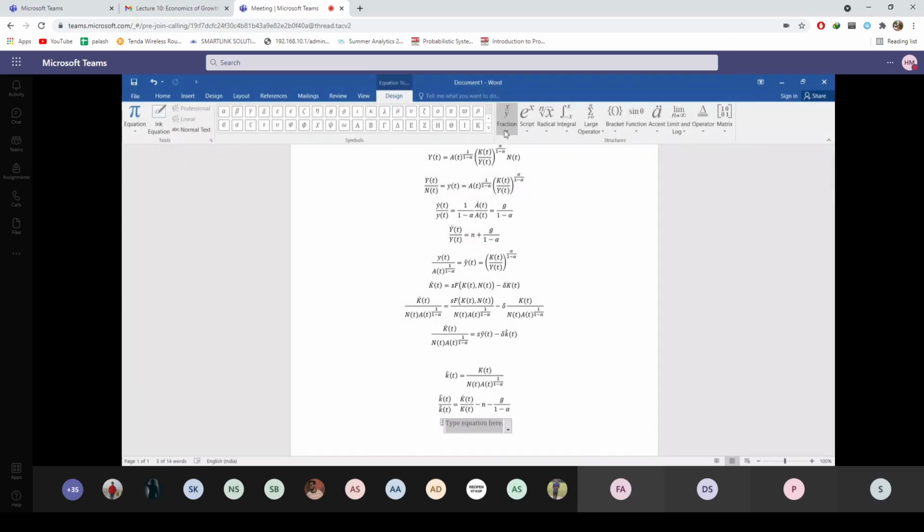So let me write down this expression, and since I cannot write it in that fashion, it must be d/dt of k hat t, which is basically my k hat t dot.